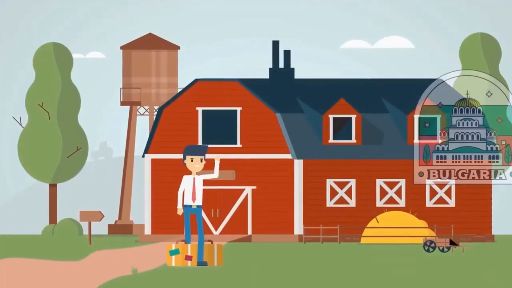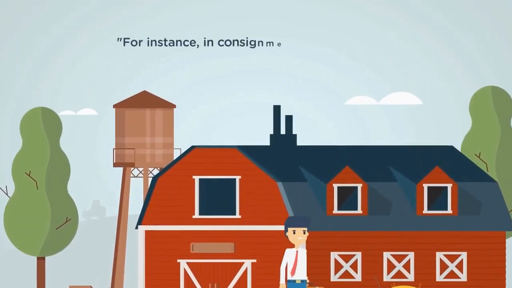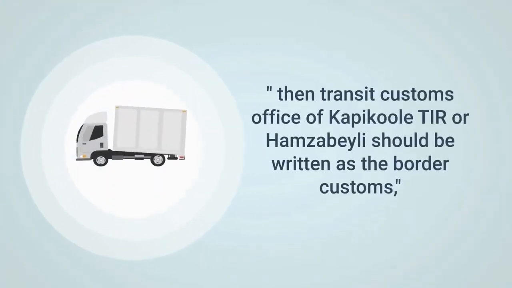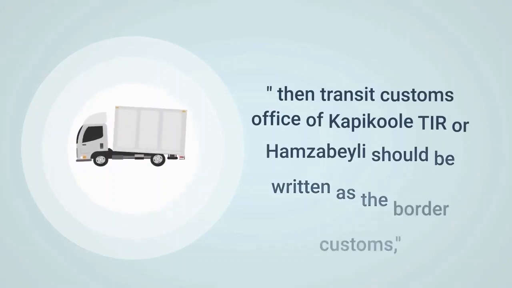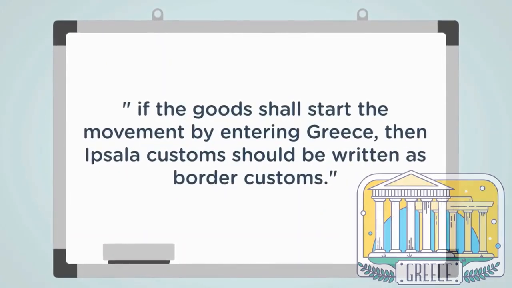For instance, in consignments from Turkey to Europe, if movement of the goods shall start by entering Bulgaria, then Transit Customs Office of Kapıkule TIR or Hamzabeyli should be written as the border customs. If the goods shall start the movement by entering Greece, then Ipsala Customs should be written as border customs.